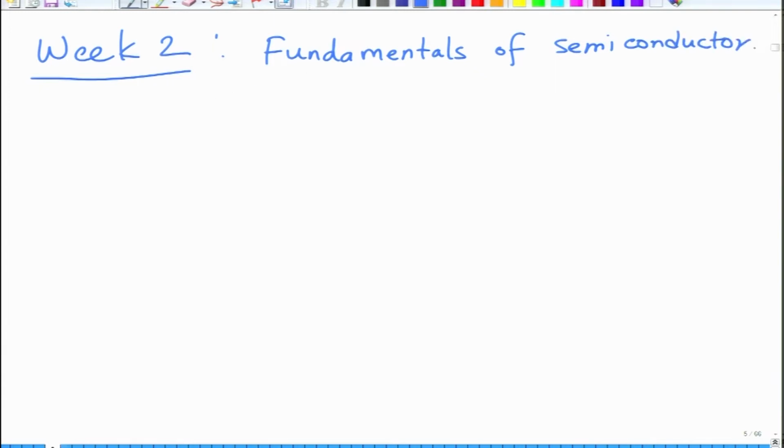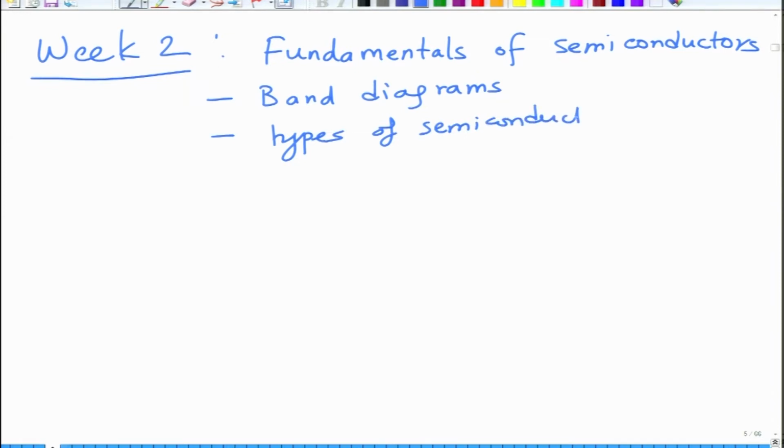Essentially we will look at a semiconductor band diagram, types of semiconductors, electrical characteristics of semiconductor materials, and so on and so forth.